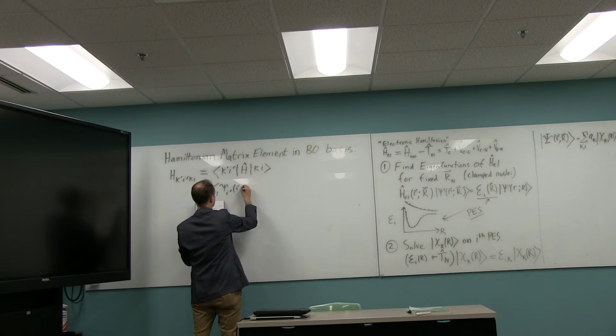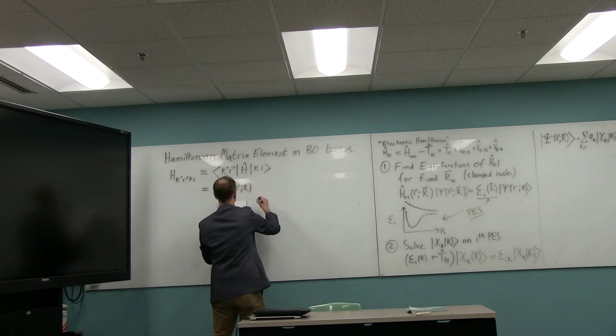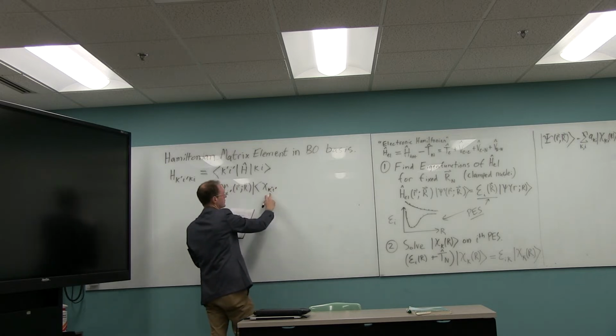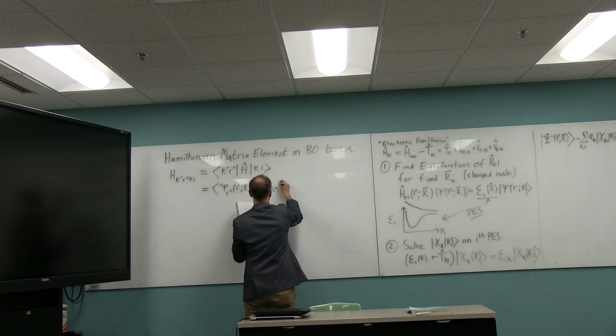And so for now, I'll write explicitly what it's a function of, times a vibrational part. So the kth vibrational wave function in the ith electronic state. This is a function of big R.